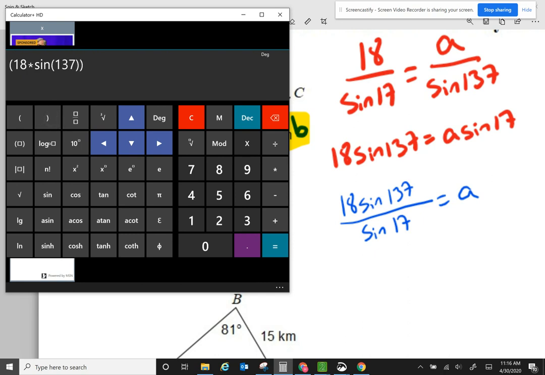Notice how it's having it there. So I put it all inside parentheses. That way I know that's the whole top, 18 times sine of 137. And I'm going to divide this by sine of 17, equals, I have 41.98.